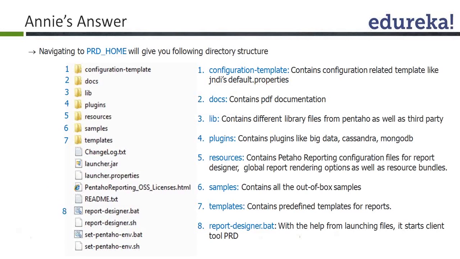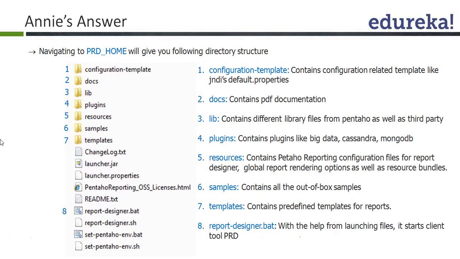Navigating to PRD home is nothing but going to where you have exploded your PRD related folder. Typically all their installables come in a zip folder. You have to unzip it, and in the unzip you will see these artifacts. The configuration template is there.